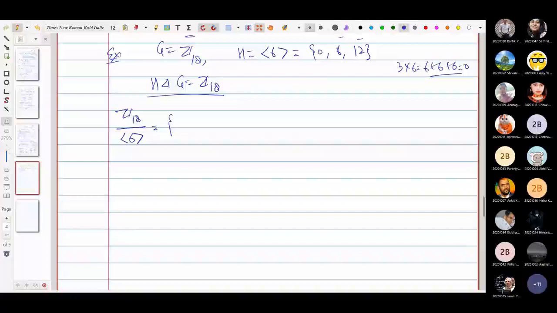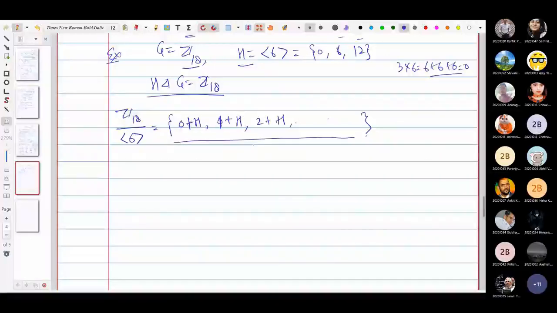It may have elements of this form: 0 plus H, then 1 plus H, 2 plus H, like this. But you see there are 18 elements, so all the cosets here may be exactly the same, or they may be totally disjoint, so we need to verify.